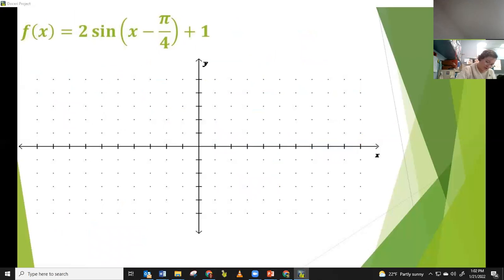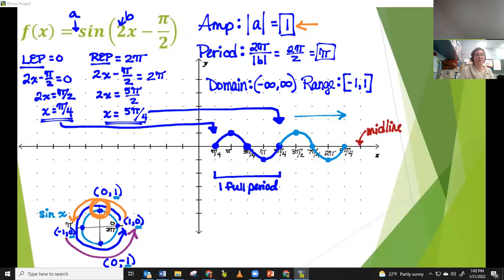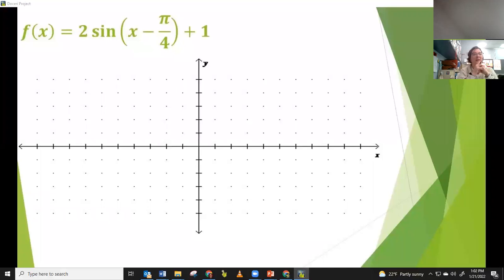All right, first question. Before I ask anything about amplitude or period, what do you guys notice on the end of this one that was not on our previous problem? What do you notice on the end of this one that was not on the previous problem? +1. What's that going to do to my graph? Midline moves up. Yes.